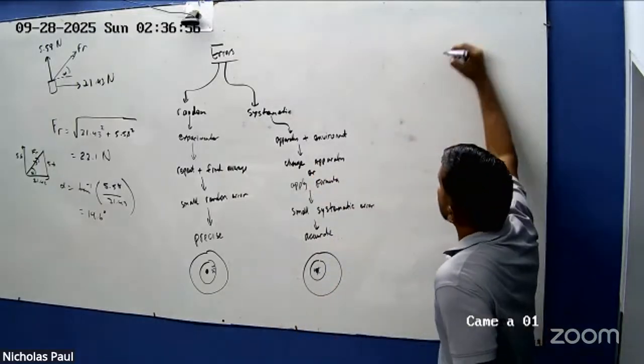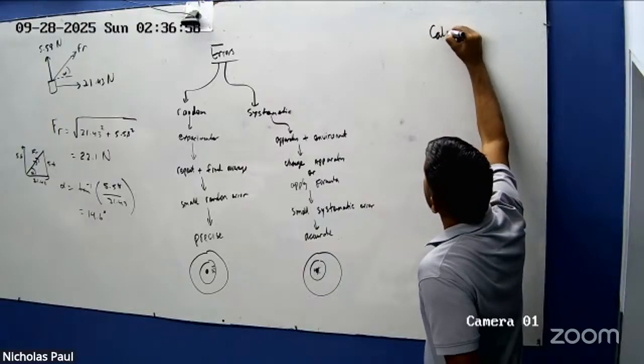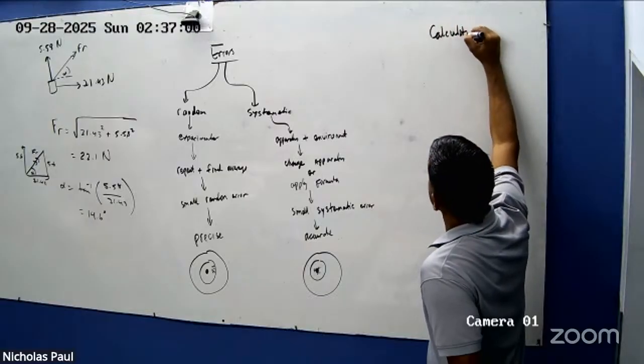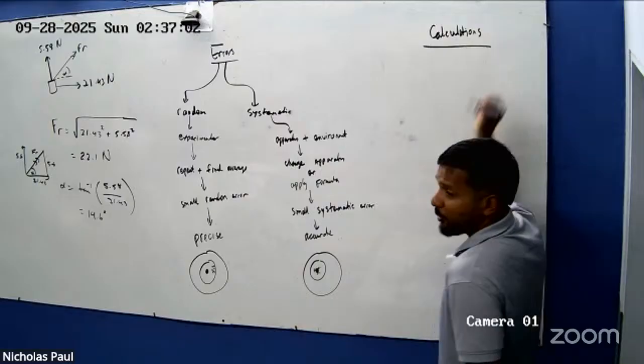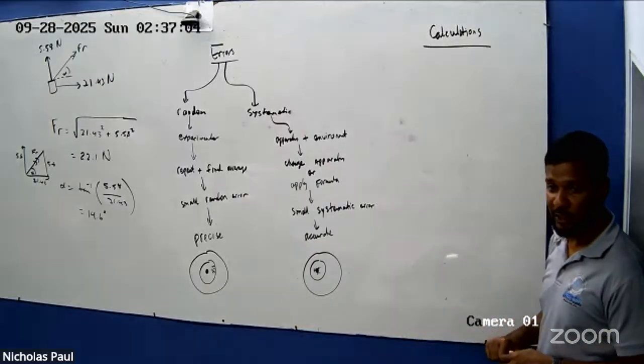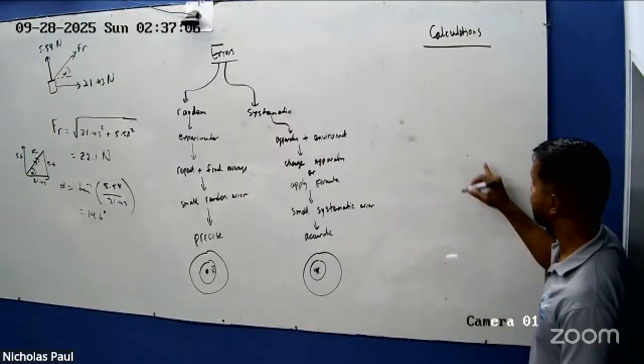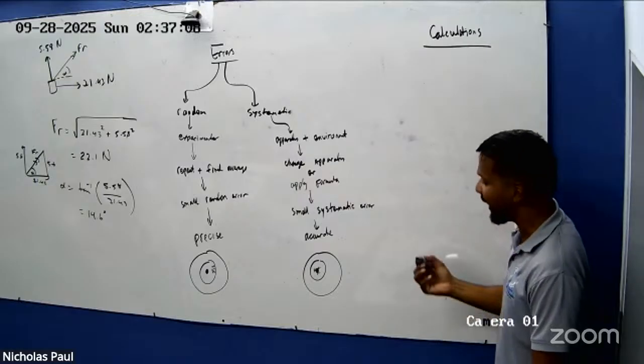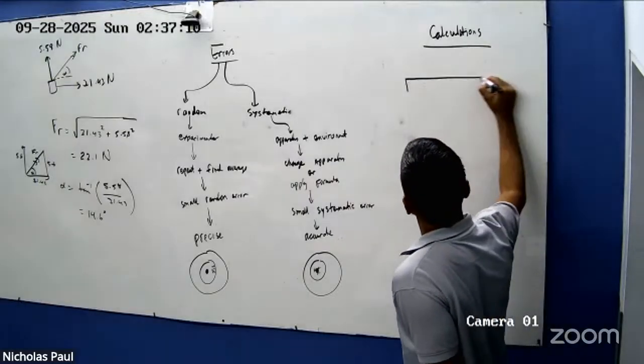And of course, because of errors, we have to learn to do calculations. So we have to learn to do error calculations. All right? So let's identify what's an error. Let's say we have something like this.